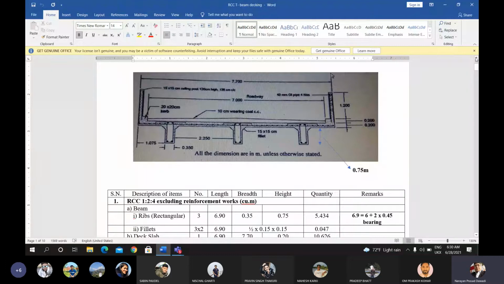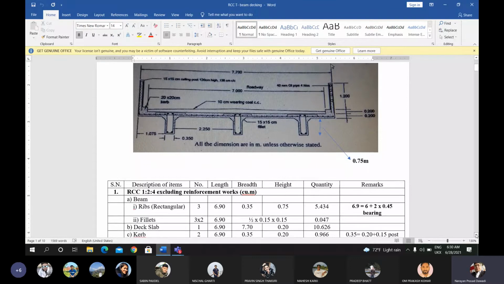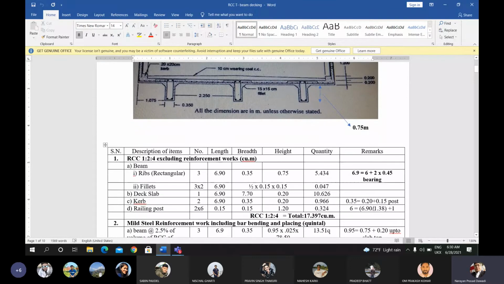And for the double side, the number of railing posts will be 2 times the railing posts along one side. So the number of railing posts is calculated here as the total length of the bridge, 6.9, divided by the spacing of the railing post, 1.38, and one number is added for the initial starting point of the railing post.